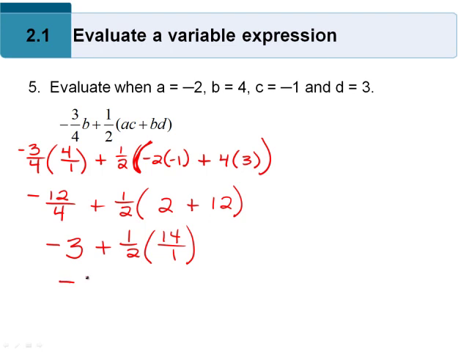So the -3 comes down, and over here, we don't have to worry about any signs. We're going to just multiply across the top and across the bottom. So I get 14 over 2. So -3 still comes down, plus 14 divided by 2 is just 7. And then -3 plus 7 gives you +4.